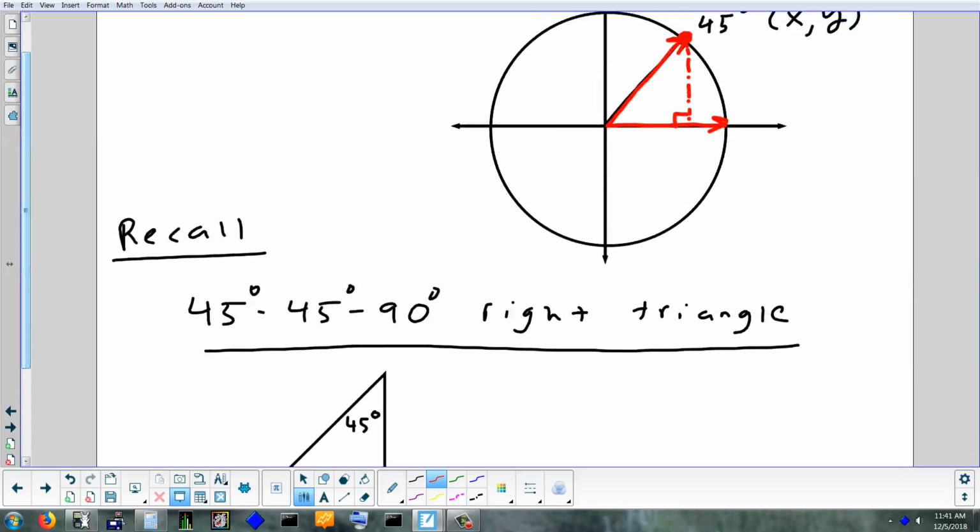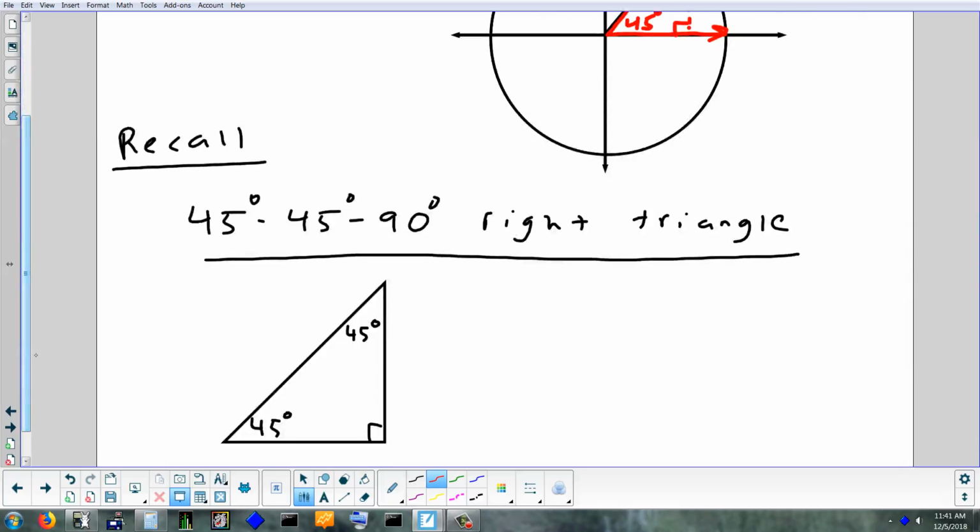This is a 45-degree angle. That's the angle that you had to rotate the terminal side up, or instead of up, I could say counterclockwise. Well, if the bottom angle is 45 degrees, because we rotated that terminal side up, how do I know that that top angle is 45 degrees?